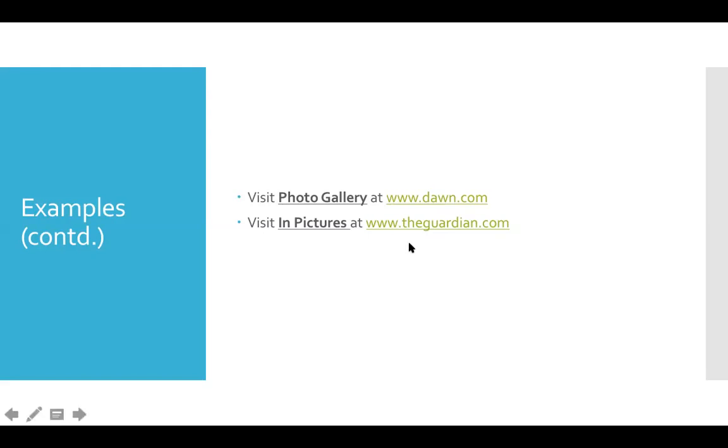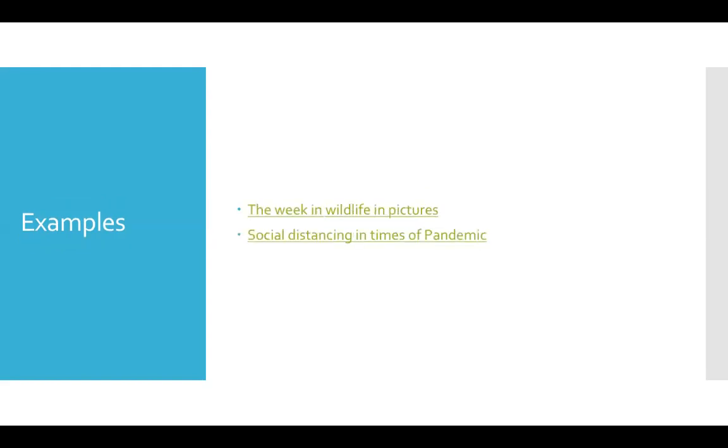Similarly, you can also go to www.theguardian.com and scroll the newspaper. You will see the section In Pictures, and you will see some marvelous picture assignments done by theguardian.com. I'm sure these examples that I have shared here and on the next screen will give you material for inspiration.